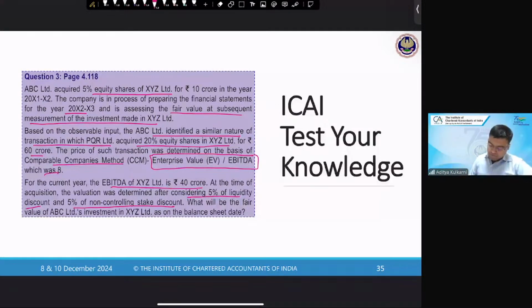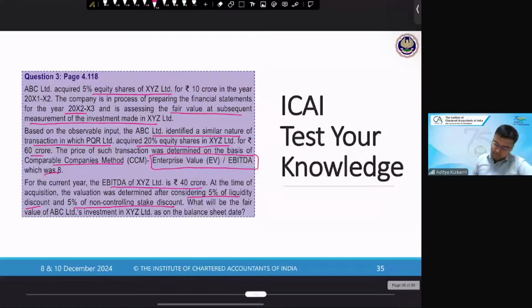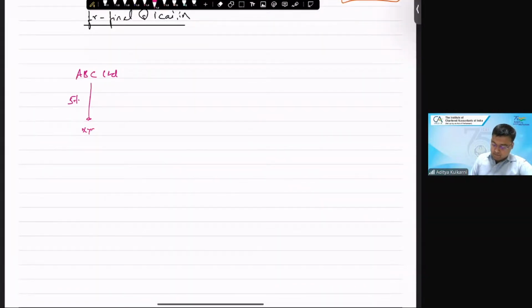So now, ABC Limited is having 5% shares in XYZ Limited. Are you okay with this? This is the first part. Yes, sir. This is the first part.